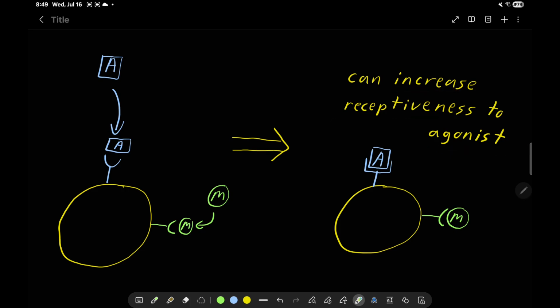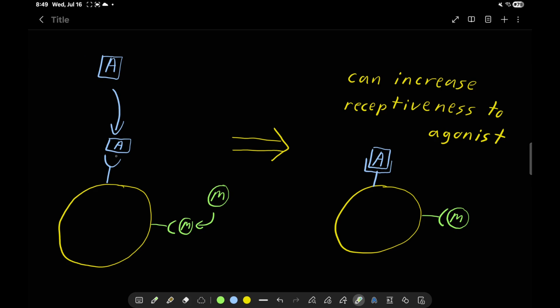So as you can see in your diagram, the binding of your allosteric modulator to your allosteric site has changed the conformation of your receptor from a circular shape into a square shape. And the square shape now has a better fit with your square-shaped agonist. So it has a better fit, it has increased receptiveness. And this increased receptiveness may potentially enhance response. So it might increase potency or increase efficacy. Now again, this is a very, very oversimplified explanation.